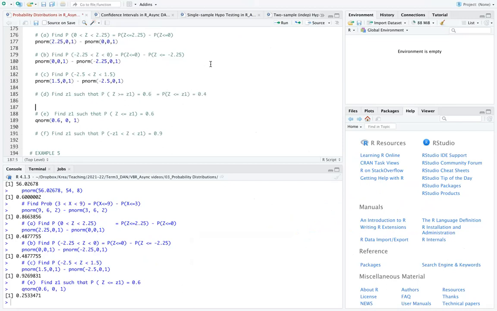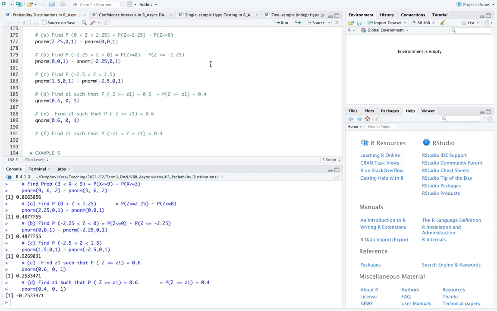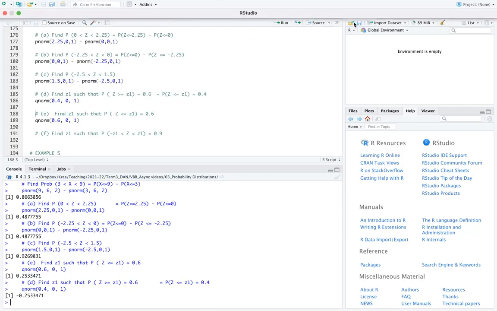So now I'll use the qnorm function. qnorm 0.4, 0, 1, and the answer is right there. The answer is now minus 0.2533. Remember, the answer to the previous question was plus 0.2533. So we're getting two numbers that are essentially the same distance away from the mean of 0, but in either direction. So how does this look visually?